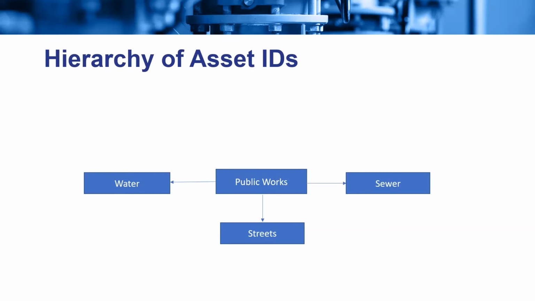So in this case, when the water and sewer departments of public works are figuring out their names, they should keep in mind, would this naming convention work for the streets department? So for the pavement, for the curb and gutter, for perhaps storm sewer catch basins, for the street sign inventory.